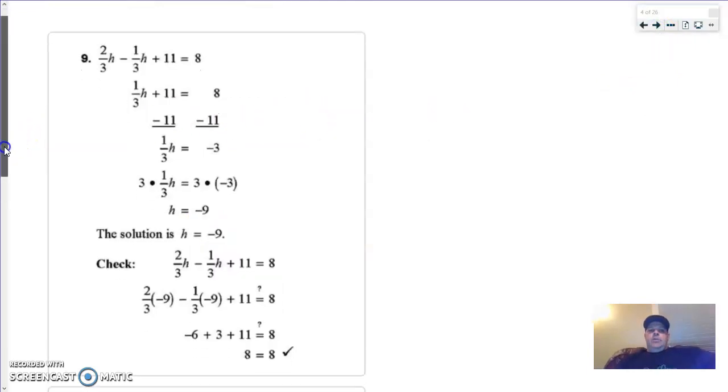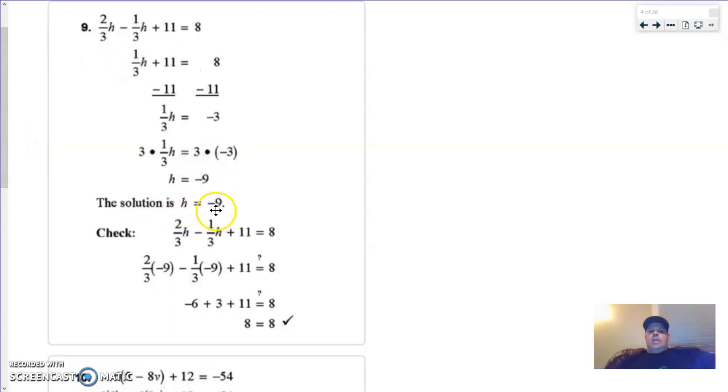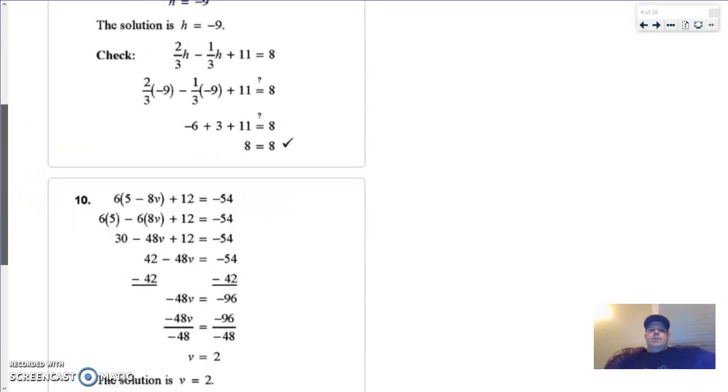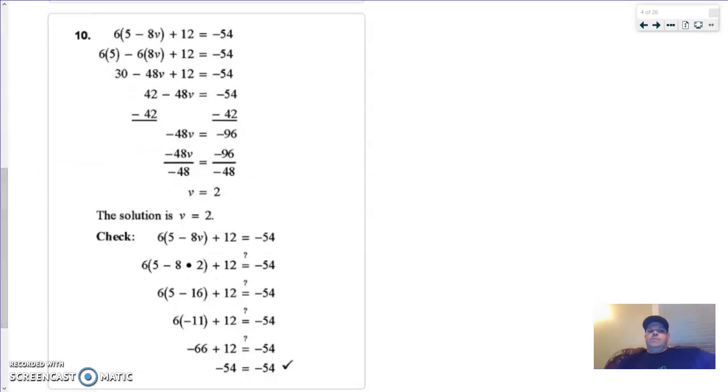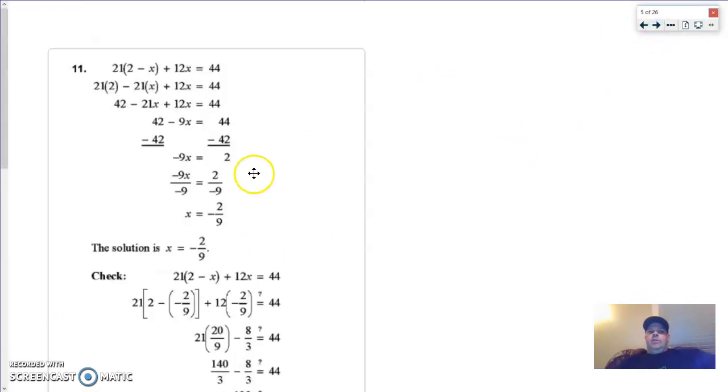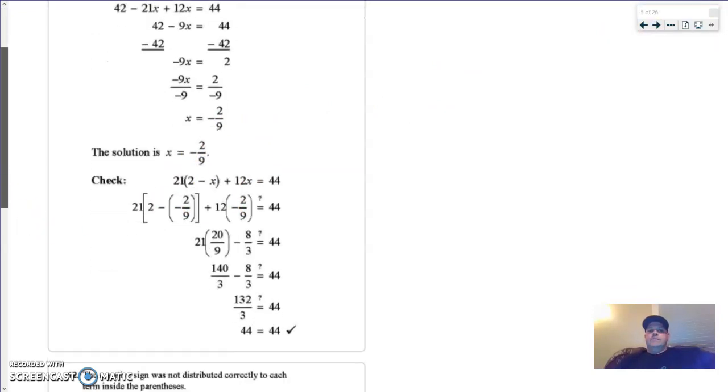Number 9, the answer is h equals negative 9. Number 10, v equals 2. Number 11, x equals negative 2/9.